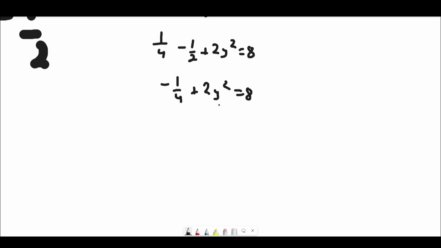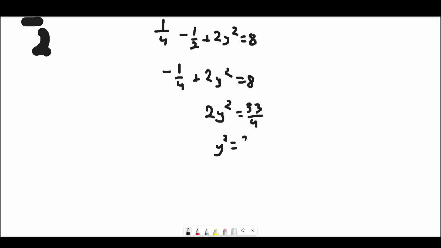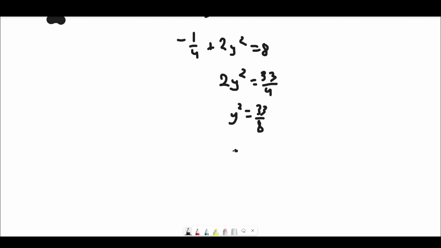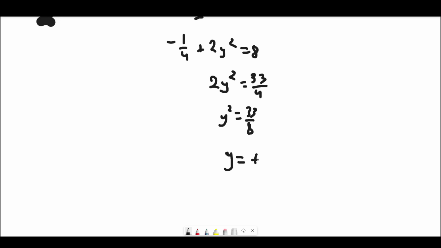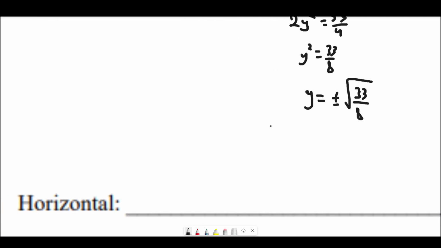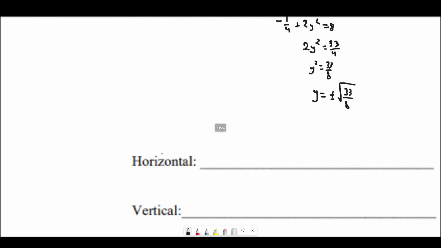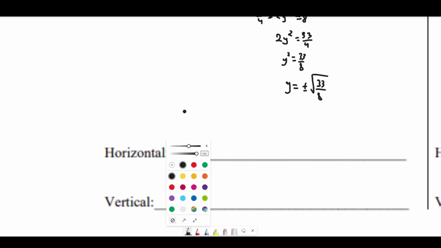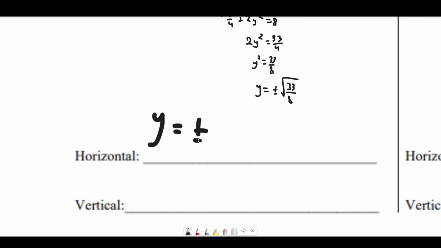I'm going to add 1/4 to both sides. So 2y squared equals 33/4. Divide by 2. Y squared equals 33/8. And then this is going to be our final y value when we take the square root. So y equals plus or minus the square root of 33/8. So that's our answer for the horizontal tangent. So this is going to be y equals plus or minus square root 33/8.